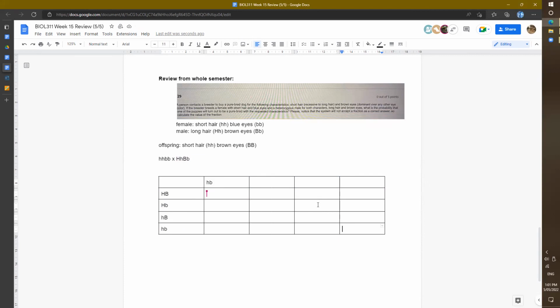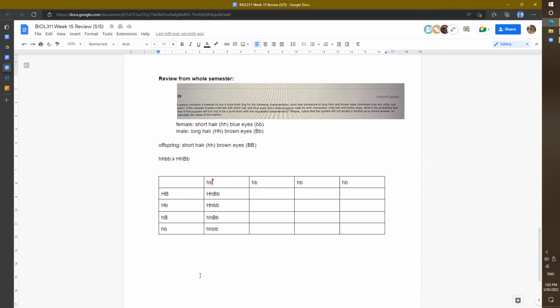HHBB. Yeah, so the whole top row, they're all going to be HBs. And so they're all going to produce the same thing down here. So everything will be the same for these last 3 columns as the first column. And I just realized you can't see me highlighting, but that's the gist of it.